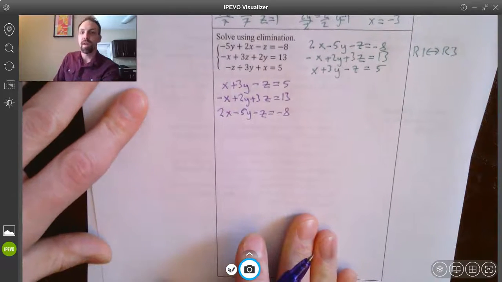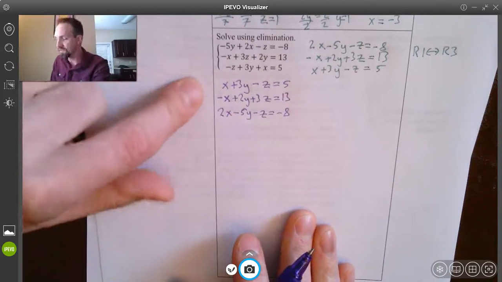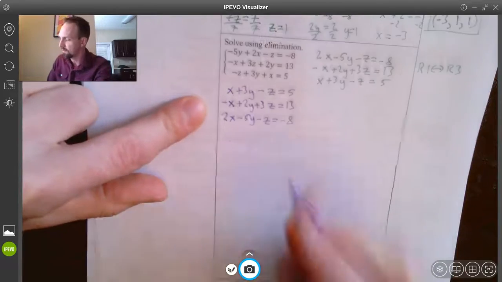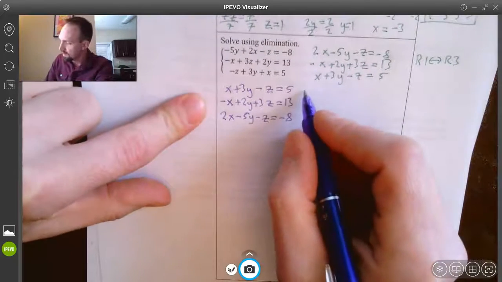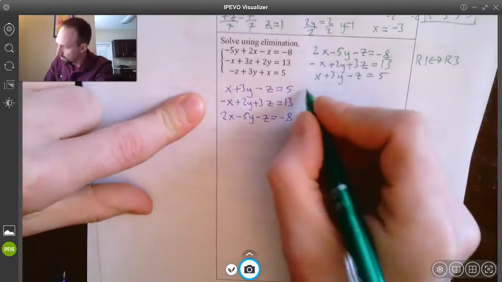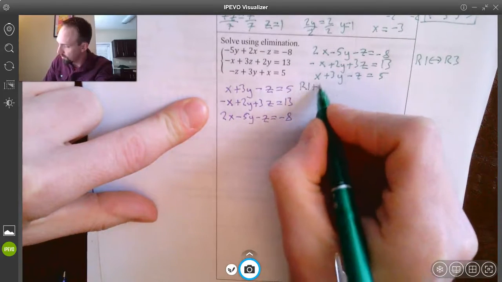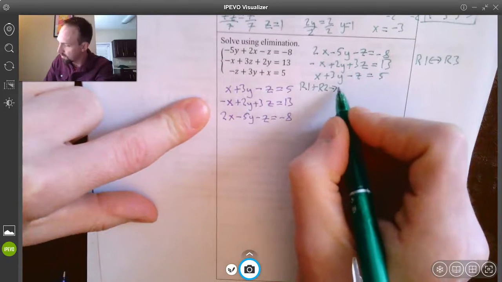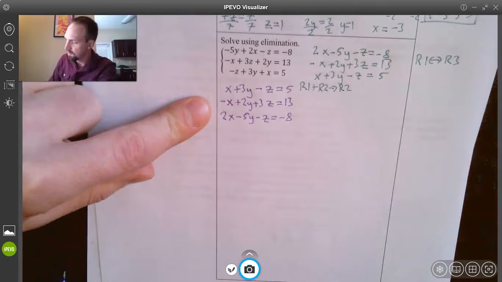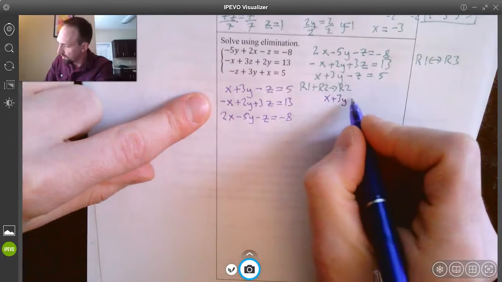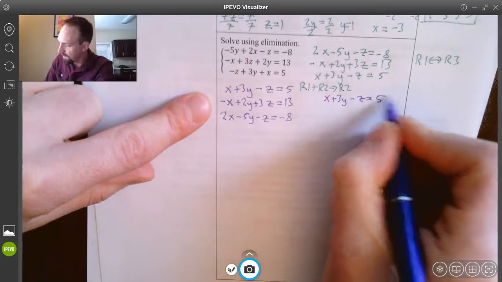All right. Now with that, I can just add row 1 and row 2 as it is right now, and that will eliminate out the x. So I'm going to go ahead and do that. So this one, row 1 plus row 2, and that's my new row 2. So my row 1 is going to stay x plus 3y minus z equals 5.